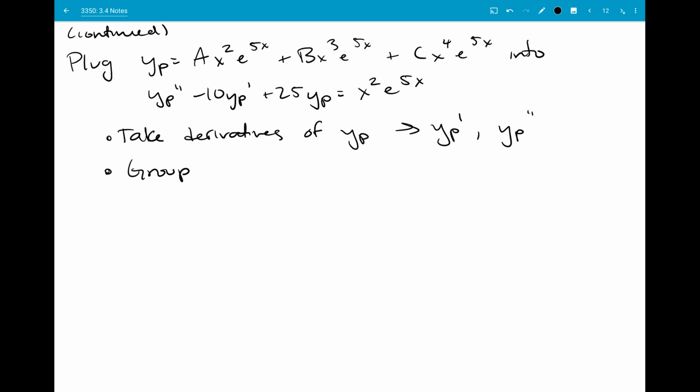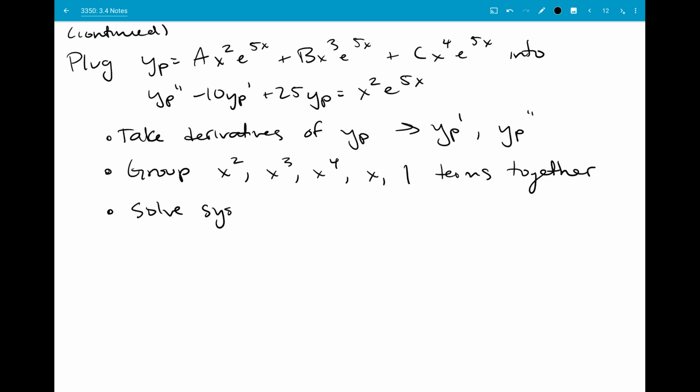You're going to again have that the e^(5x) all drop out, and you just group your x^2, x^3, x^4, x and 1 terms together. You know, solve a system of equations. All of that is stuff that I know you could do.